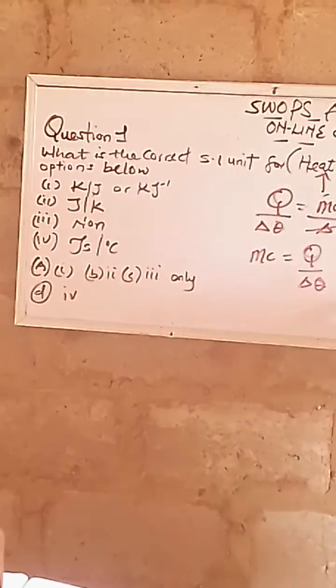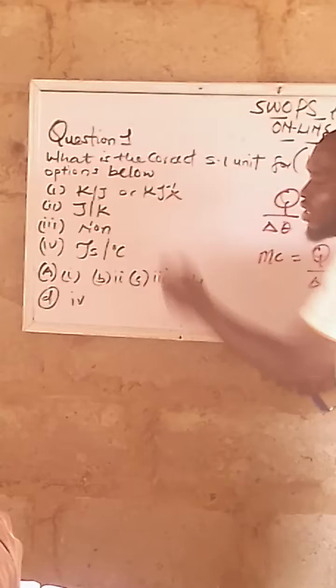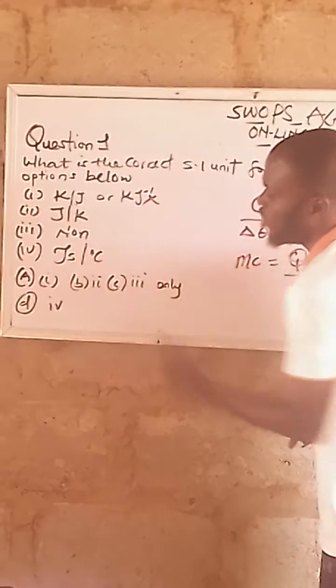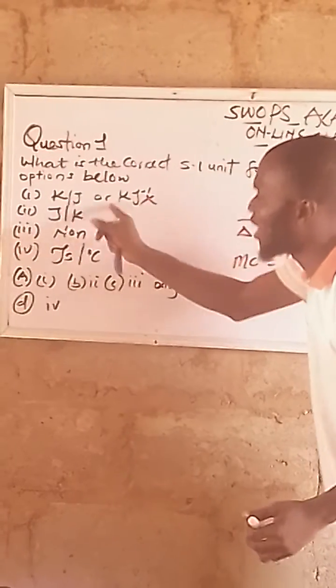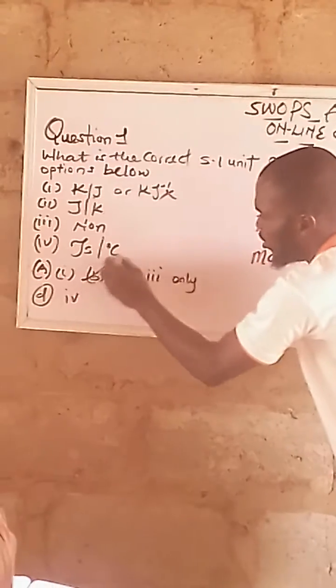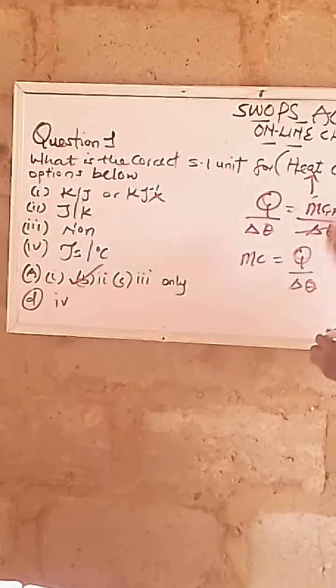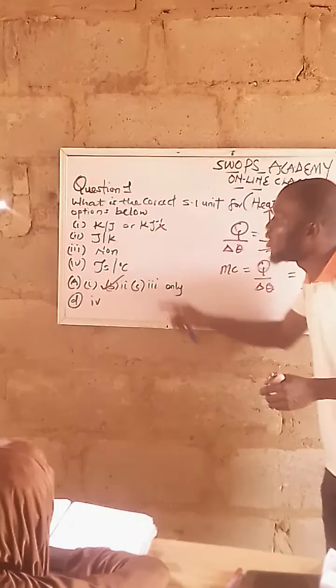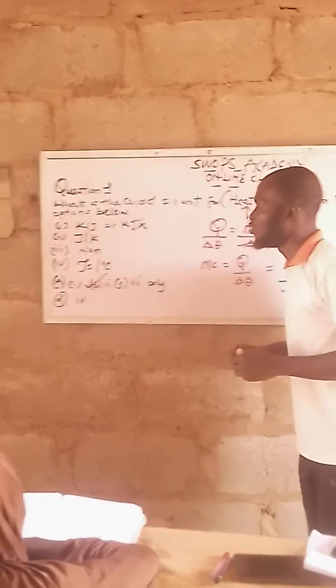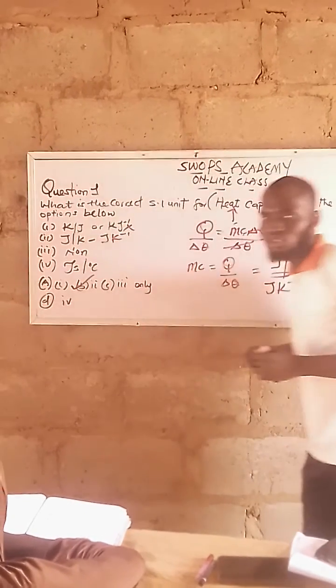No, J comes before K, so this is not the answer. B, Joule per Kelvin, is correct. So the SI unit of heat capacity is Joule per Kelvin. They can still write it like this. It's still the same thing.